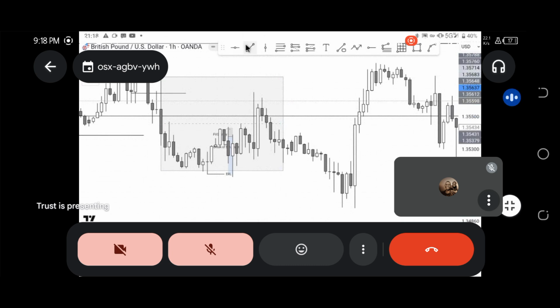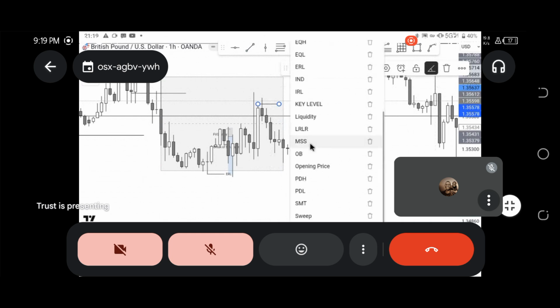I would mark out this place here. I can mark it as TS. I like using TS. Many people call it different things also, but they're all the same concepts. So I would mark out this place.